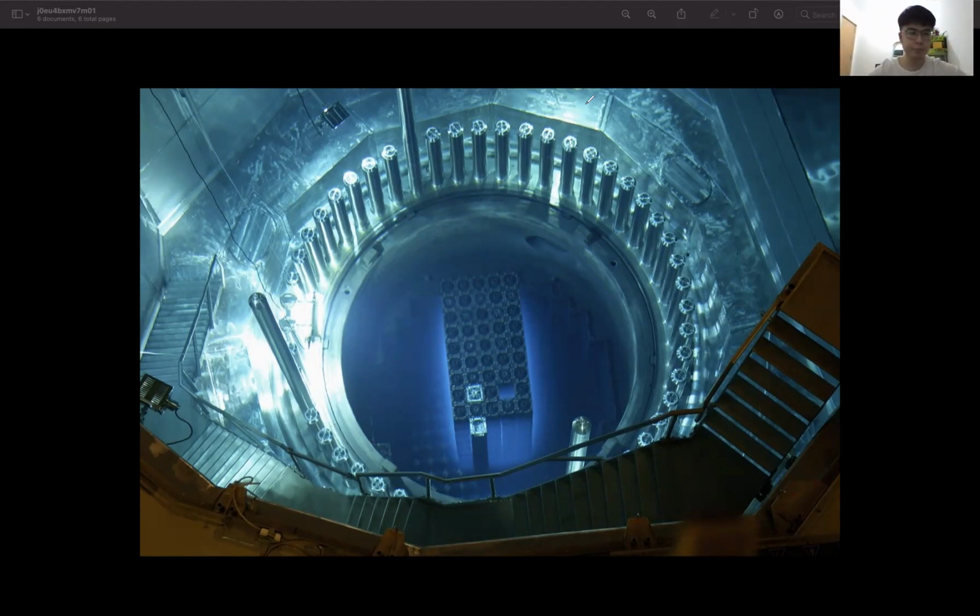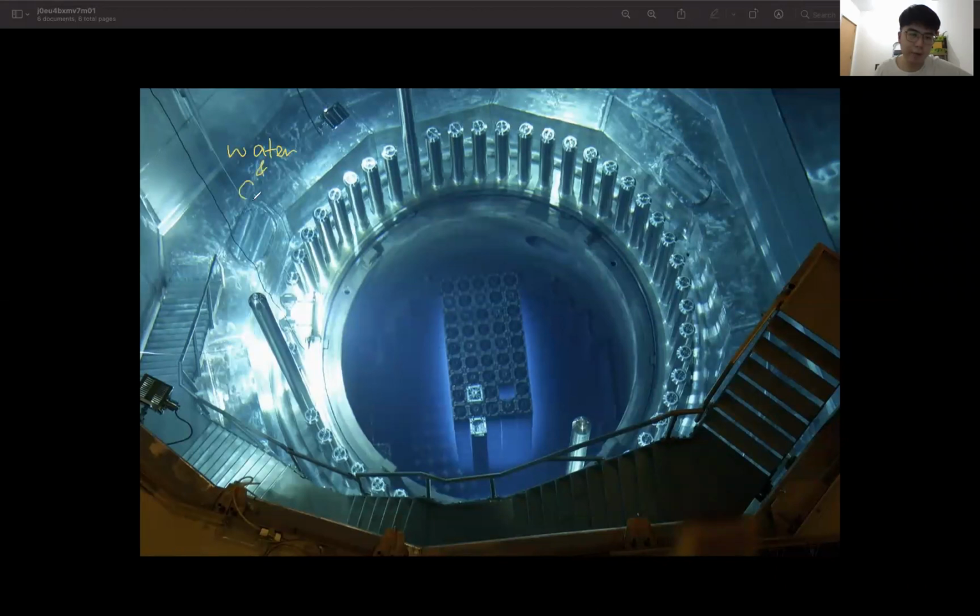Why? The water is used to cool it, because water is a very good insulator. So it is used to cool down the rod when the reaction takes place. And also, if you remember, water is used to slow down the neutron, right?